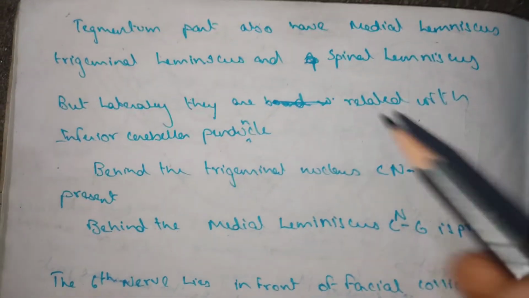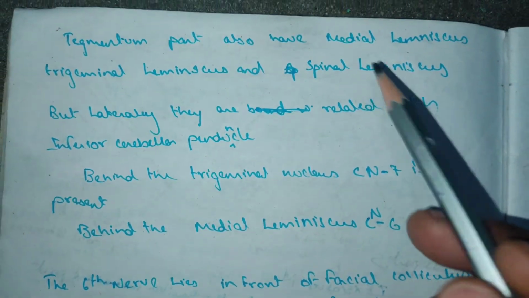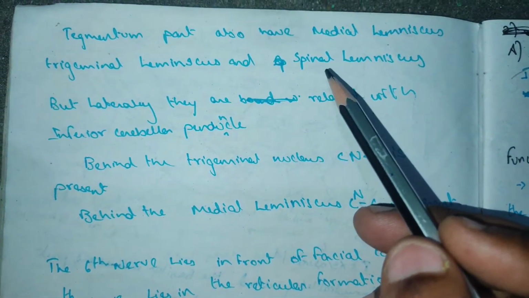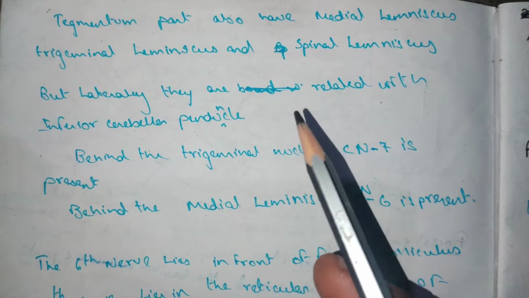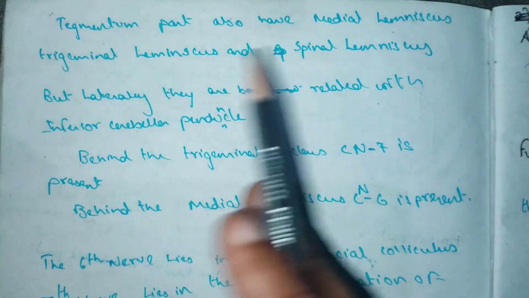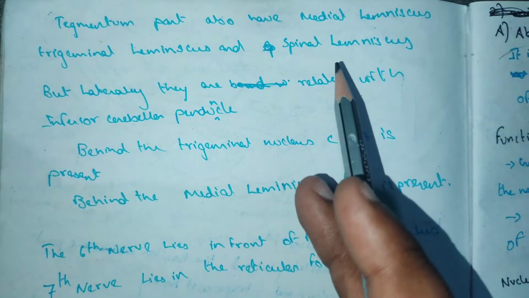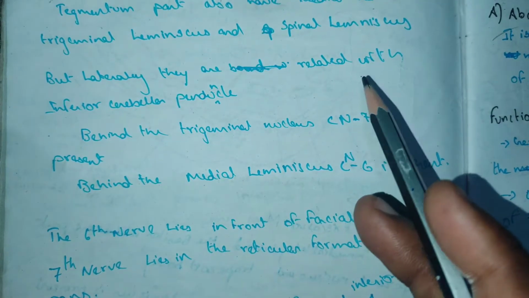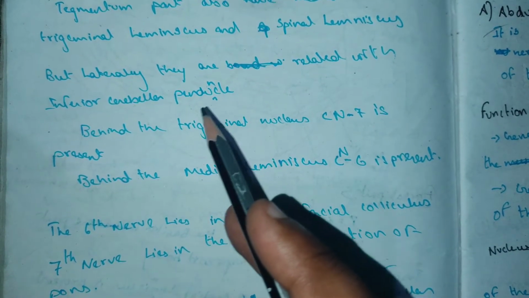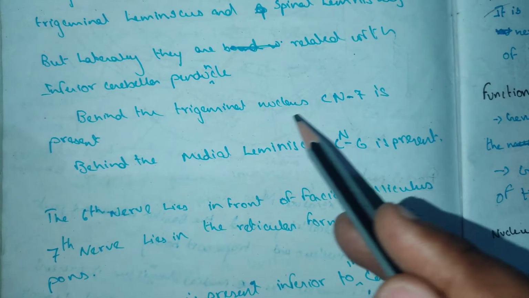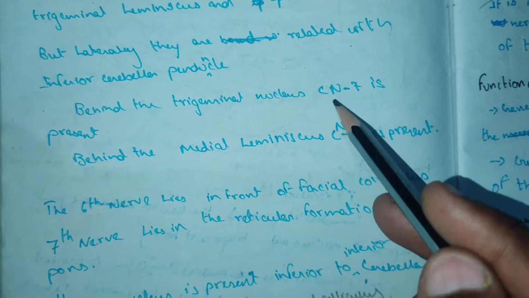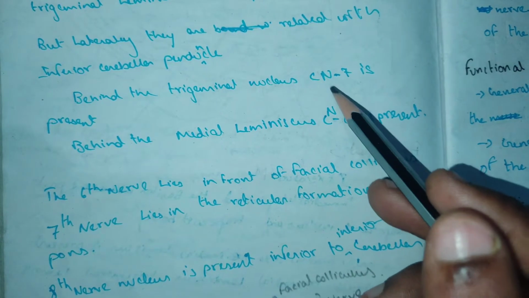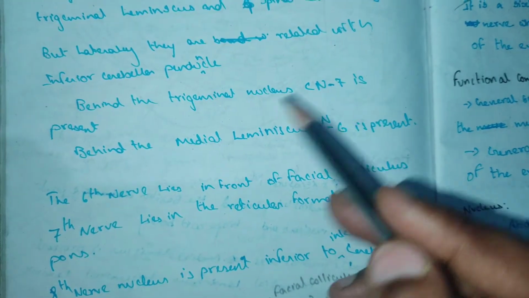Here, the tegmentum part also has the medial lemniscus, the trigeminal lemniscus and the spinal lemniscus, like the upper part. But laterally, they are related with the inferior cerebellar peduncle. Behind the trigeminal nucleus, cranial nerve 7, the facial nerve, is present.